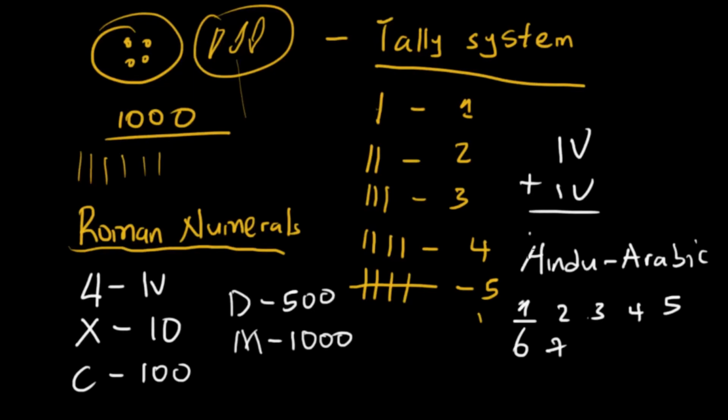Now this I hope you know. With the introduction of the Indo-Arabic numbering system, we now add what we know as positional notation, which is what we are learning today, or a part of what we are learning today, and then the invention of 0 as a placeholder.